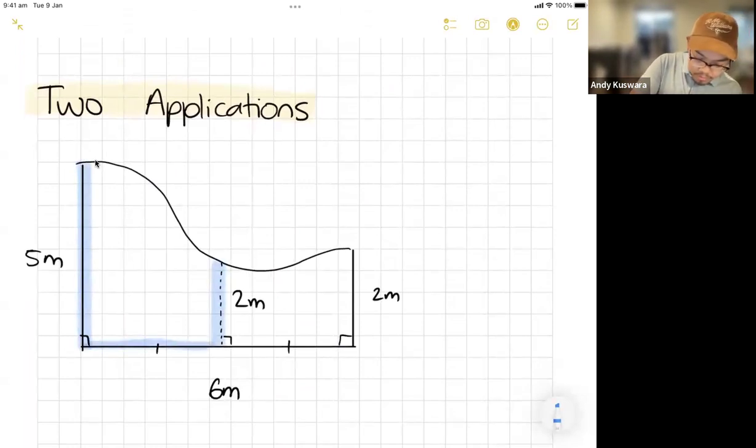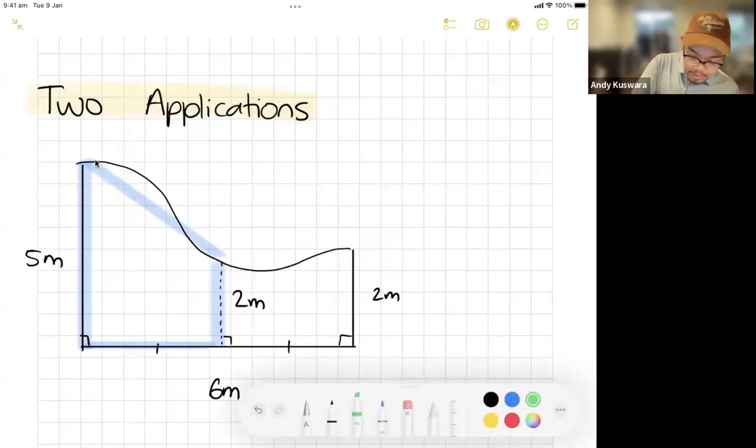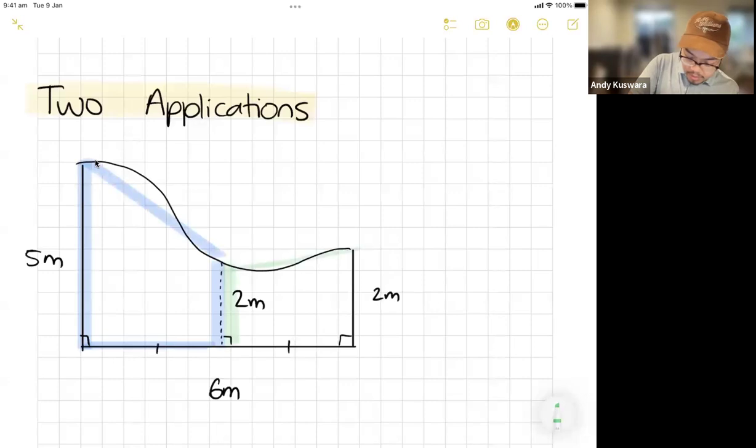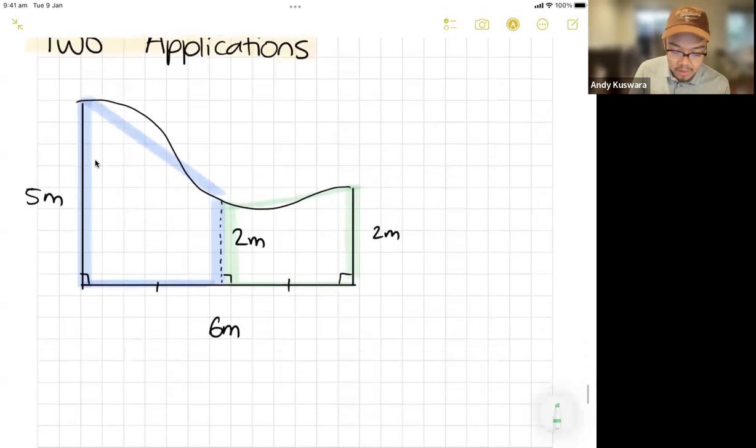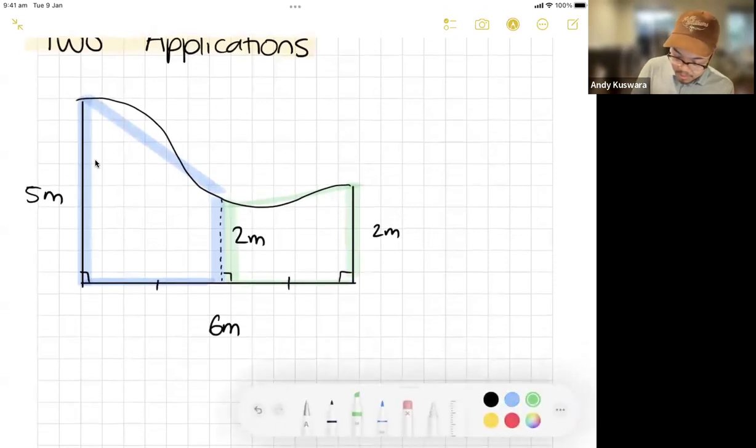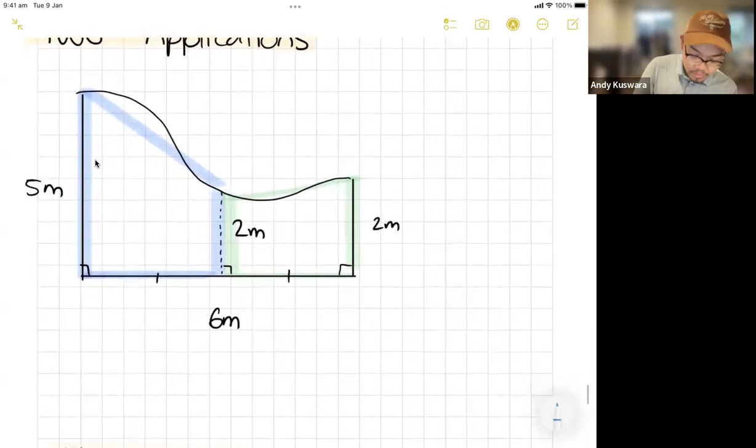So for example, that's trapezium 1, and then there is trapezium 2. I know it looks a little bit more like a rectangle technically, but let's do both of these. For the first one, I've got h on 2.